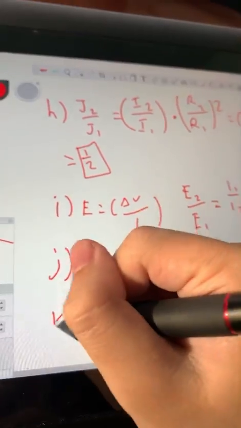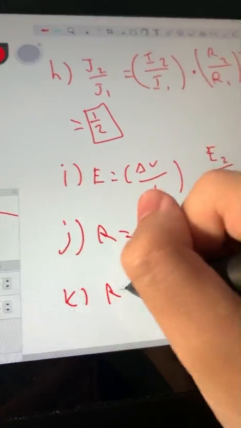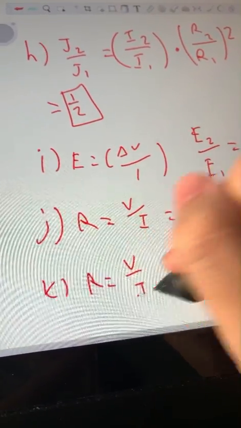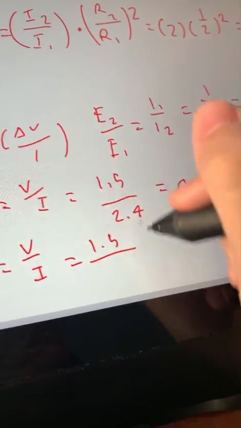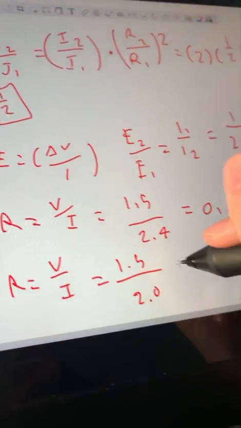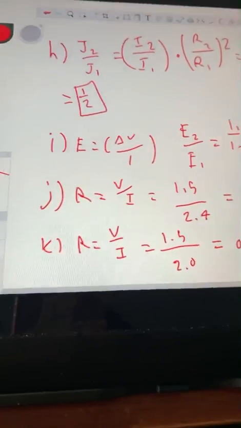And for part K, it asks us the same thing, but if it was at 80 degrees. So for 80 degrees, instead of 2.4, we're just going to use 2.0. And we get 0.75 for part K.